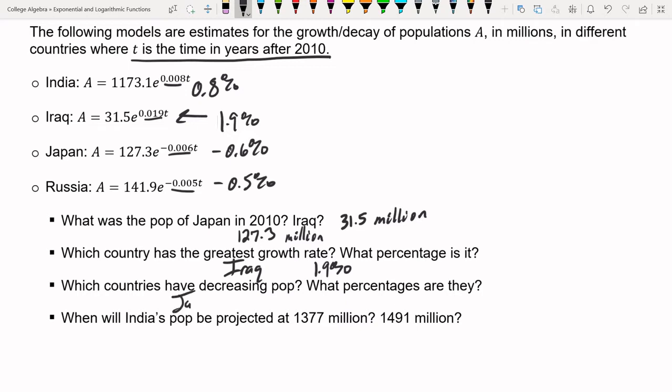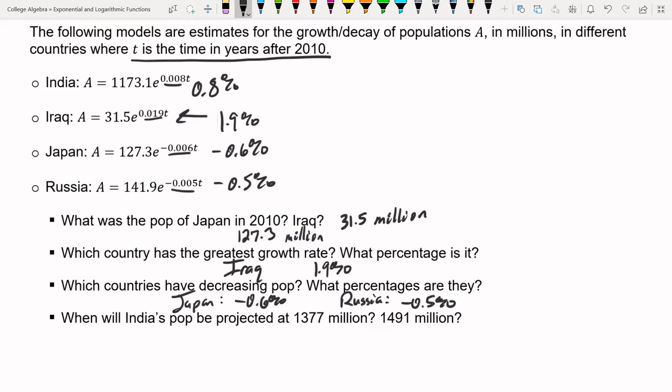So Japan has a negative growth rate of negative 0.6%, and Russia, negative 0.5%. The lowest one being Japan. That's decreasing the fastest.